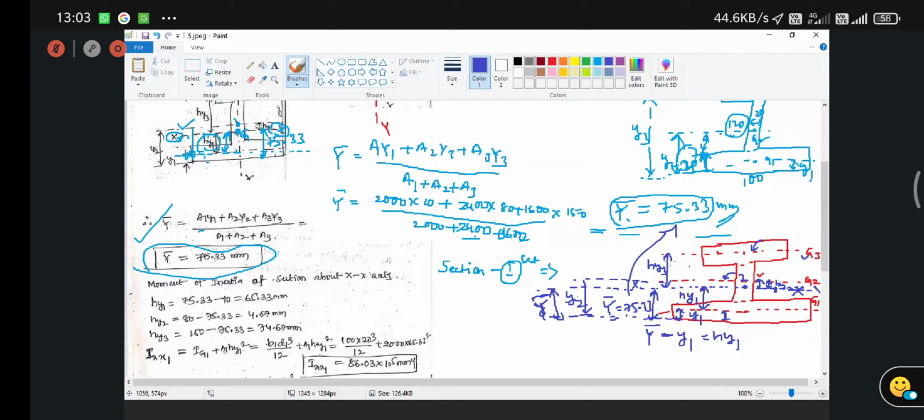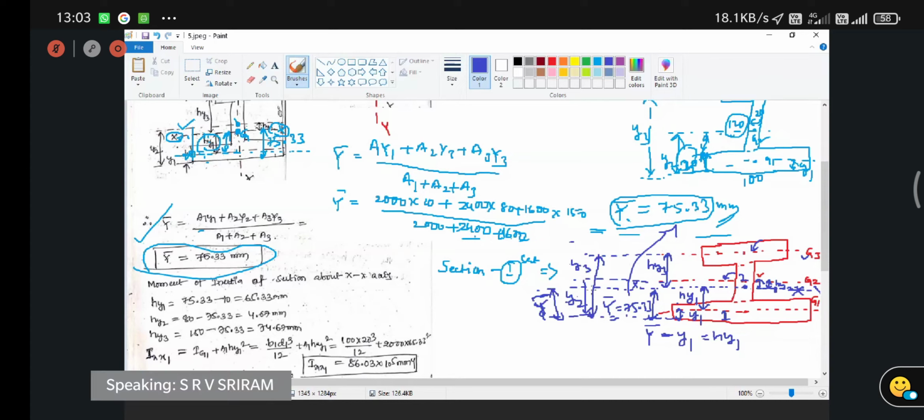Next, for the third section, from here to here h3 will be there. In order to get the h3 value, you have to subtract from y3. y3 is from the central axis of the third section to the base, you know the y3 value.